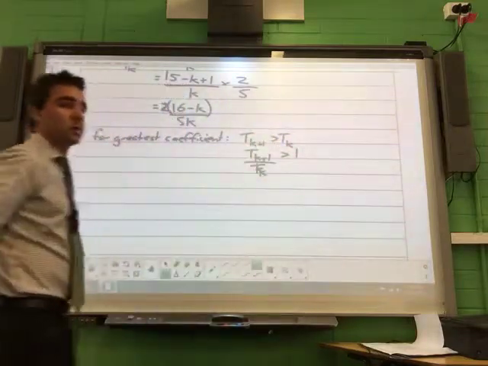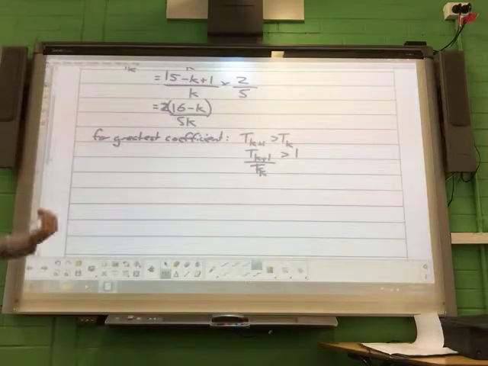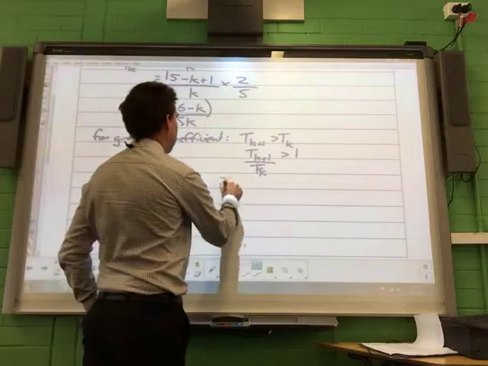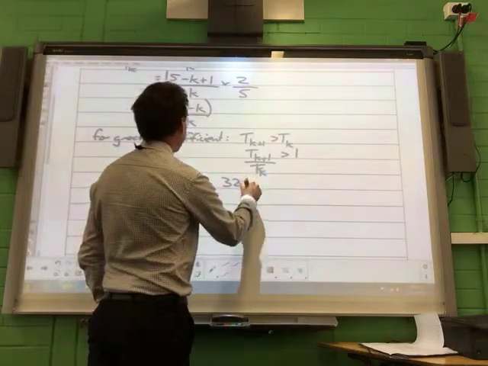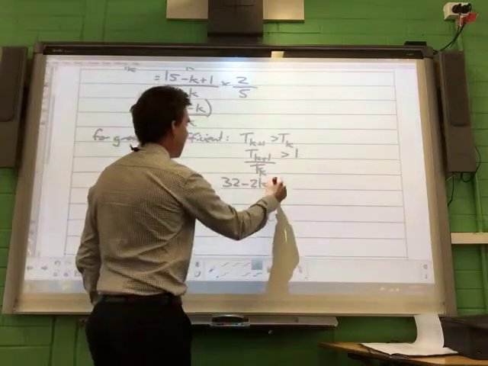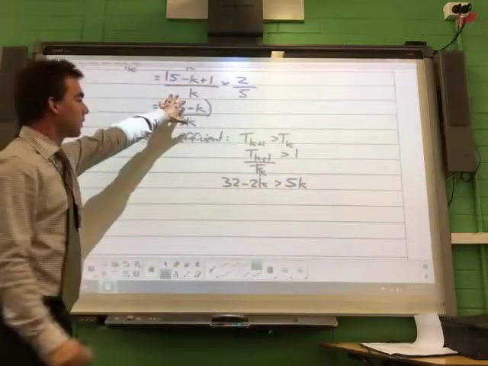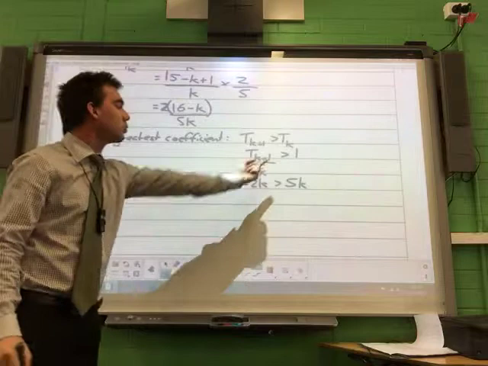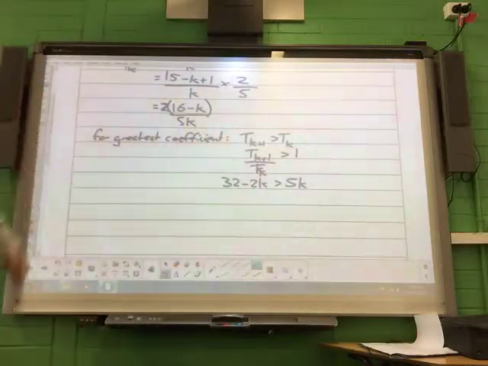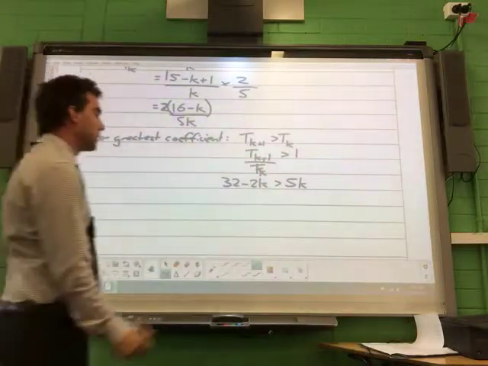So what I've done is written that as a fraction. I've brought t of k underneath to match what we've done over there. So 32 take away 2k is greater than 5k. We're putting that expression in here, cross multiplying, to get the value for k that matches that.